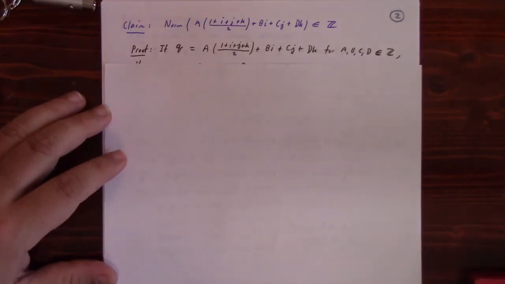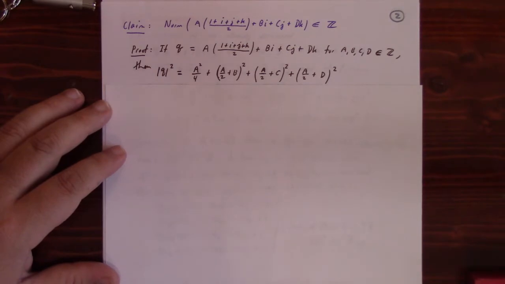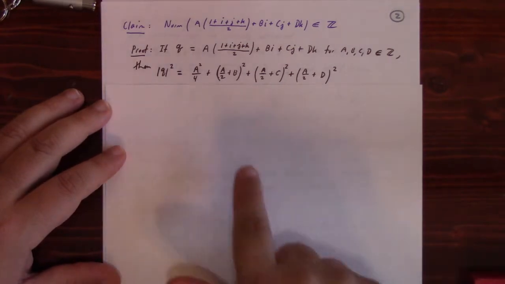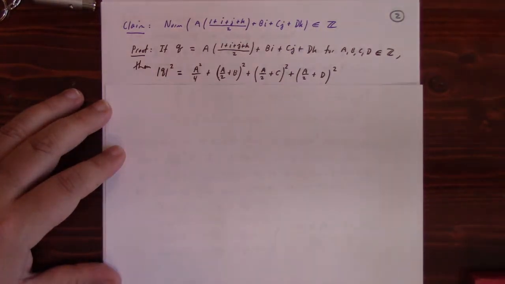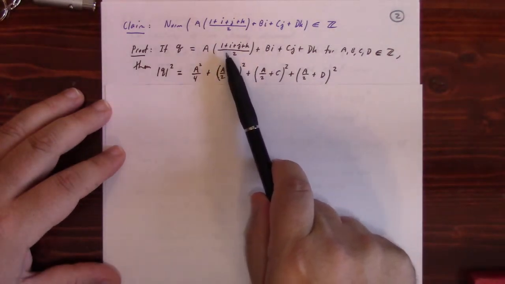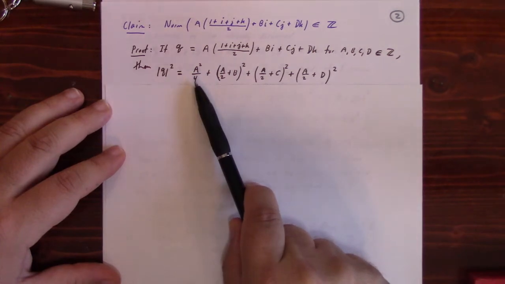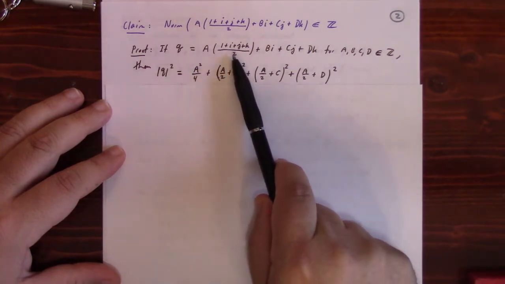Anyway, I'm claiming that the norm of a(1 + i + j + k)/2 + bi + cj + dk is an integer. Here's why. If your quaternion is such a thing, then the norm of the quaternion is the length of the quaternion squared, which is this. To see that, the only real component here is a/2, which is why I have a squared over 4. How about the i component?